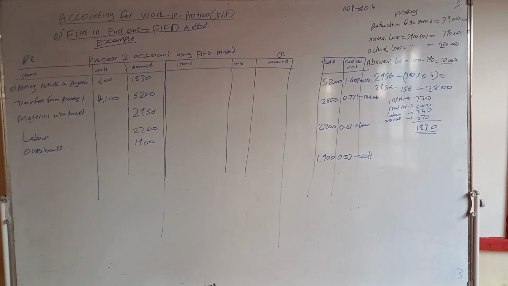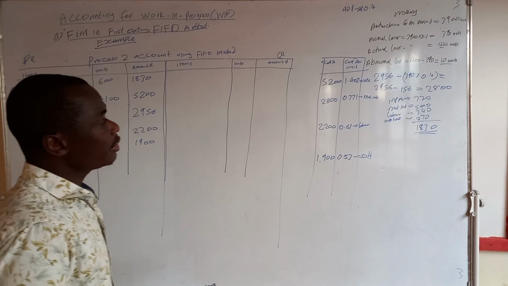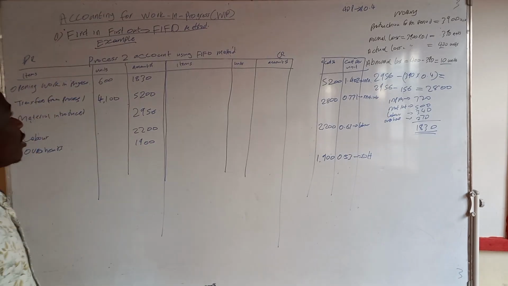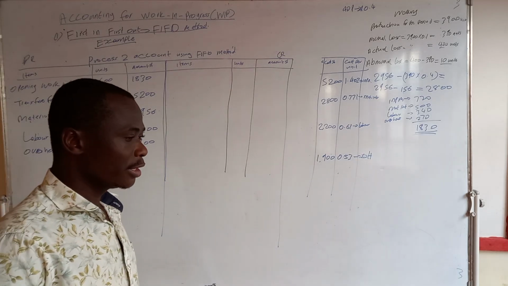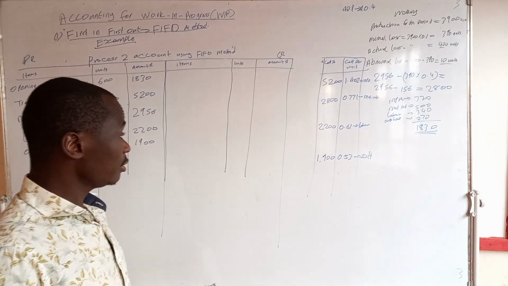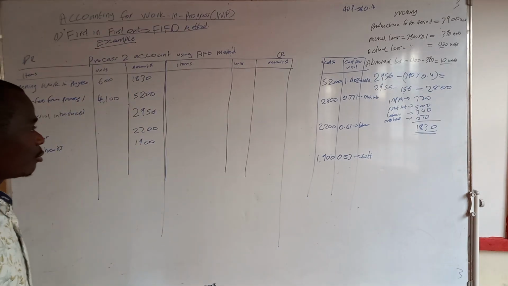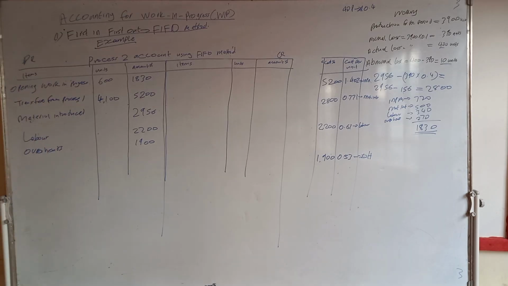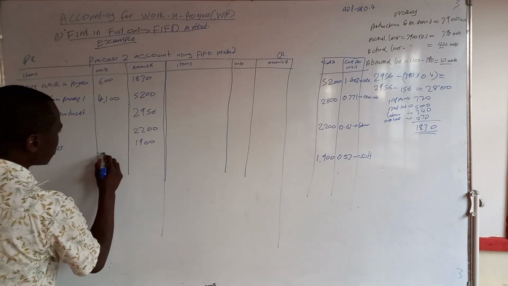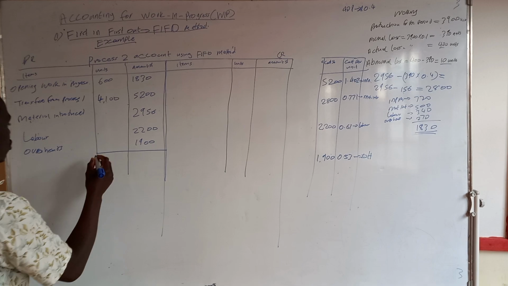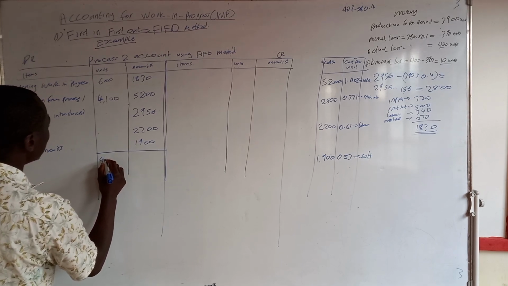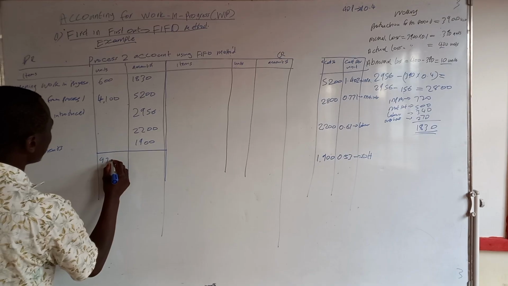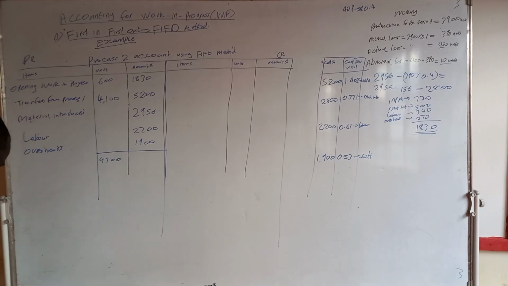And because in our question we did not encounter any abnormal gain, this becomes our final. We just add. So this becomes 4,700 units. Let us do the addition.